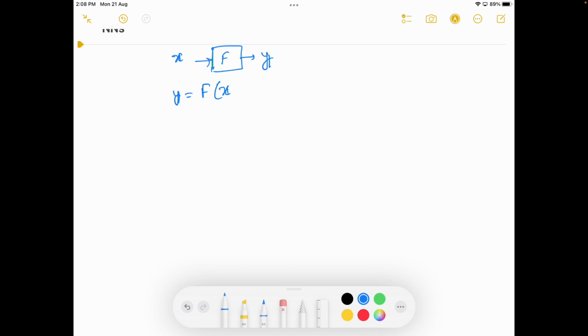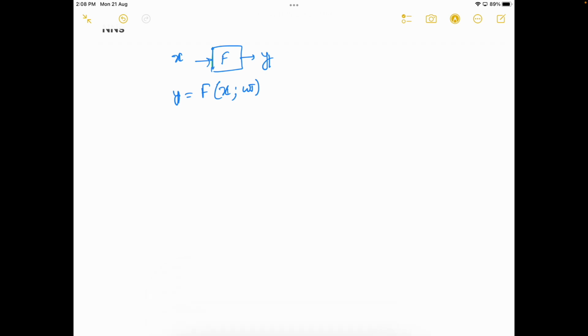So likewise, for every parametric model, I can have parameters, and I can specify them in this way. That W is the vector of all the parameters or matrix of all the parameters.